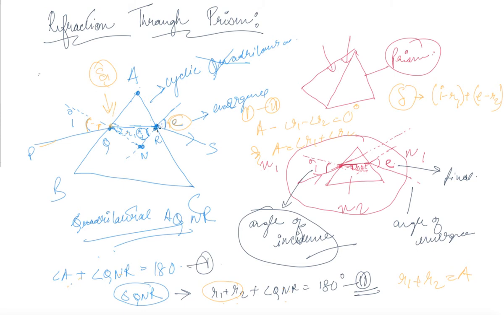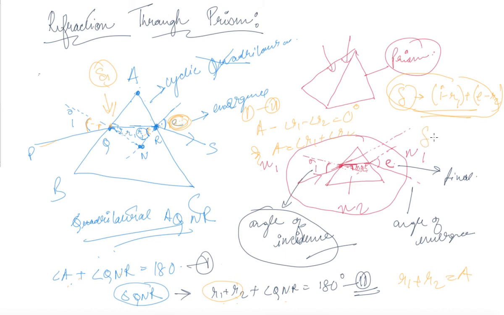On your second surface also there is a deviation, that is emergence E minus R2. If you add these two, you will have your total deviation.